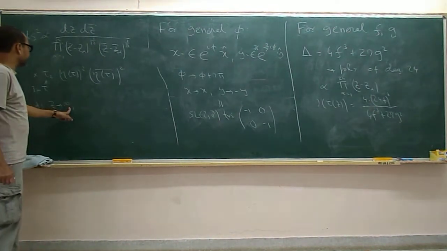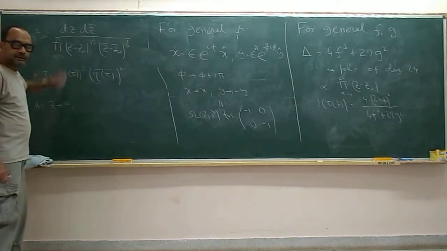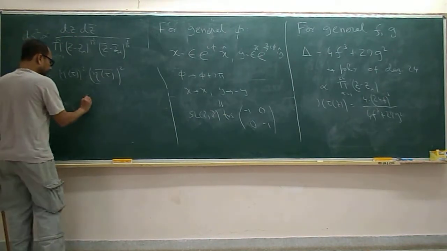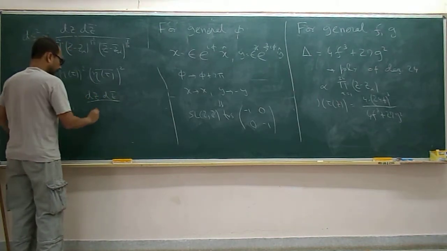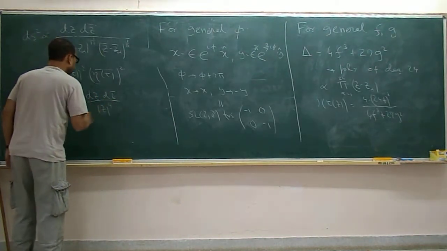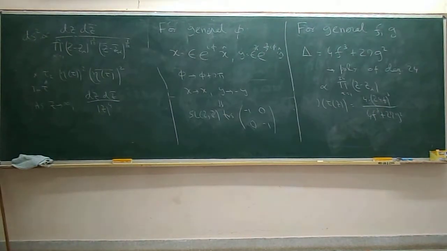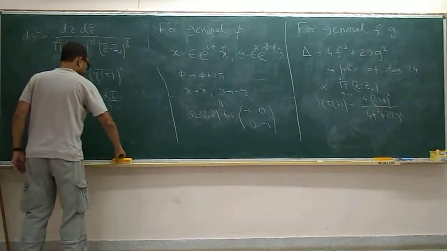So basically, as z goes to infinity, if you want to know the behavior, you can just look at this part. It goes as dz dz bar over mod z to the 4, or I can also write this as z squared z bar squared.